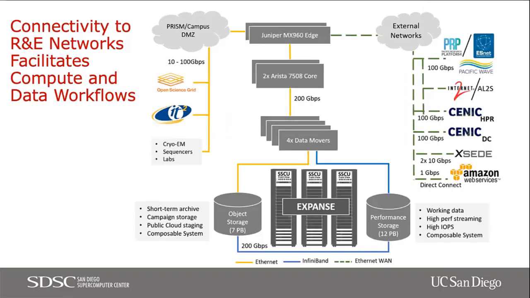Overall, the network plugs into a lot of the external fast networks listed out there, which is similar to what we had on Expanse, but we have a 25 gig connection on each compute node, so you can get quite a bit of external connectivity.